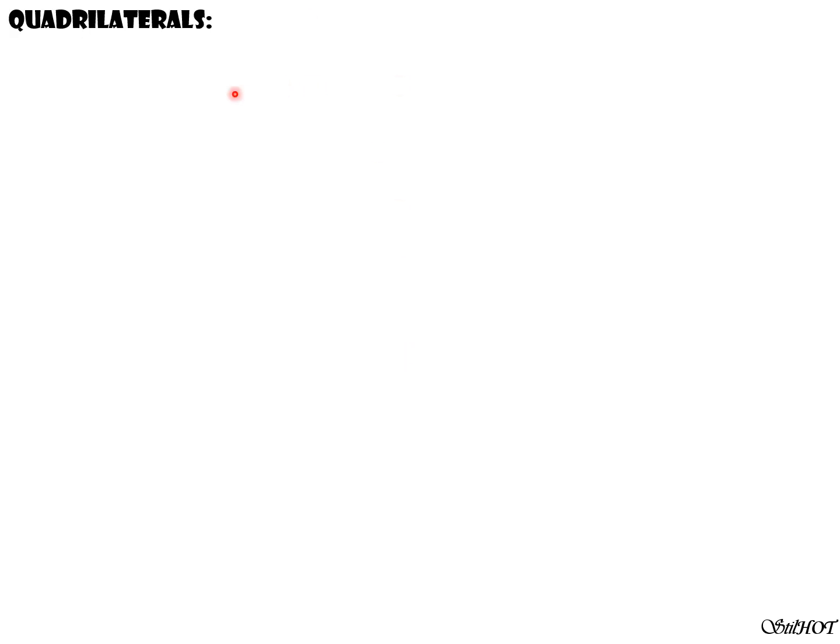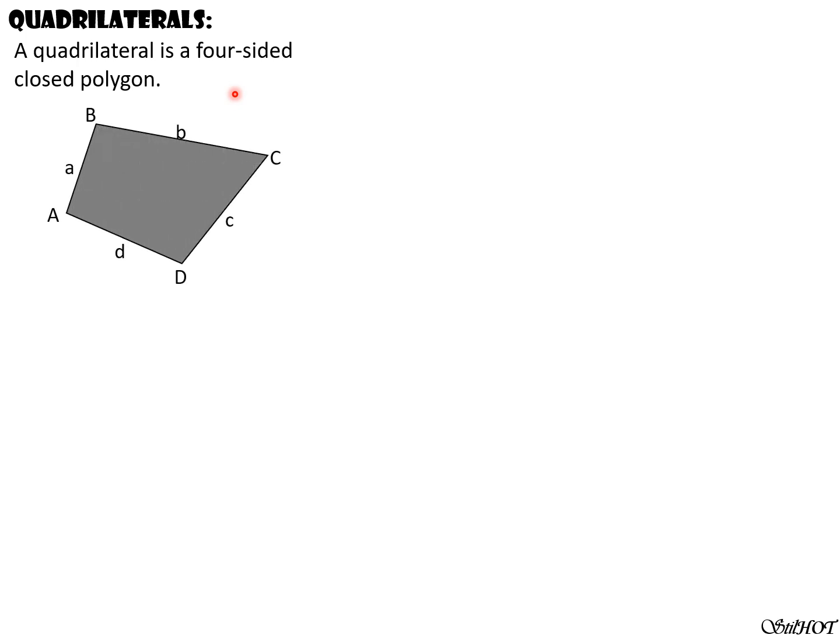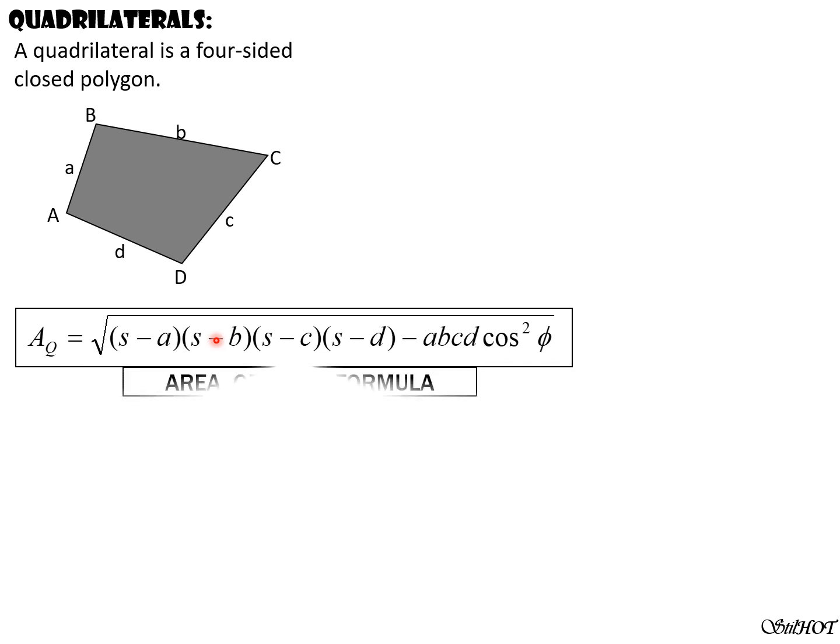Finally, let's have quadrilaterals, which are four-sided closed polygons. Then let's develop a formula for the area. Depending on the given elements, the area for a general quadrilateral is the square root of the quantity (s minus a)(s minus b)(s minus c)(s minus d) minus abcd cosine square of p.